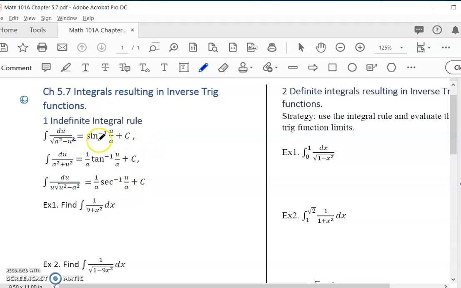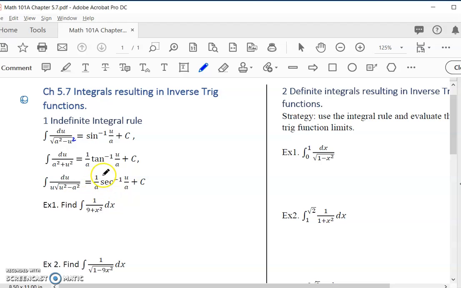The other one is if you have a rational function where the top has nothing, just 1 over a squared plus u squared, then it becomes arctangent. And if the top is just du and the denominator is u times the square root of u squared minus a squared, then it becomes 1 over a arcsecant of u over a.